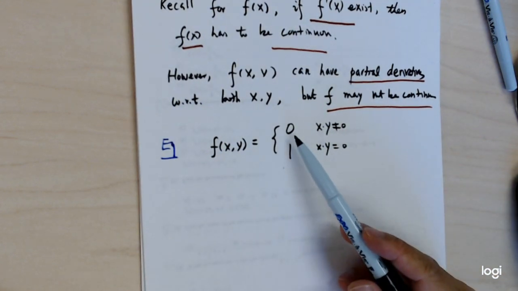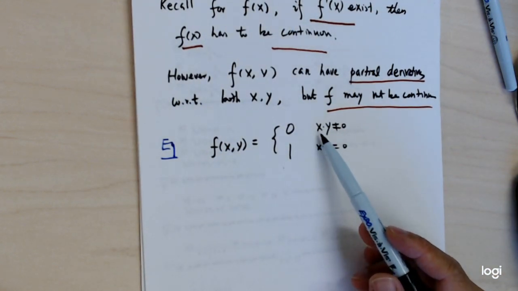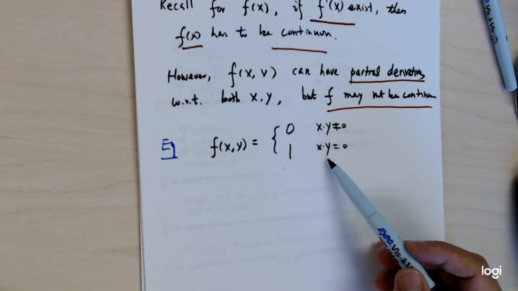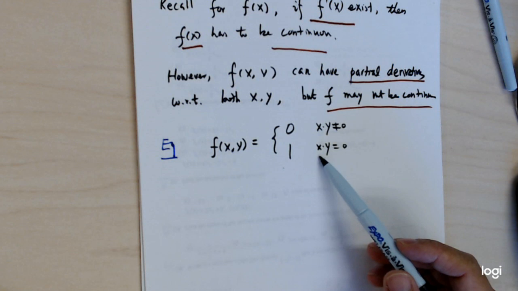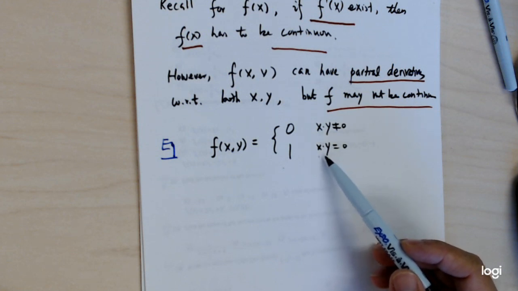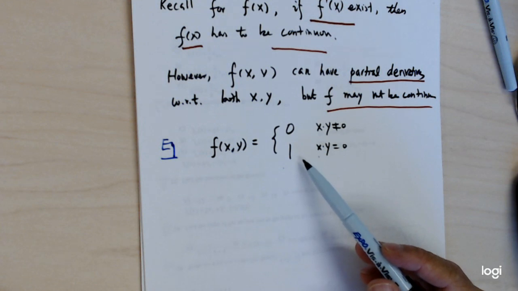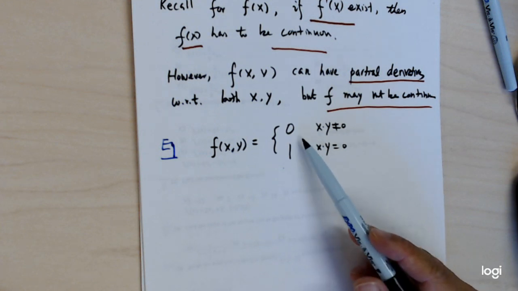This function is defined to be 0 when neither x nor y is 0. If one of them is 0, for example along the y-axis or along the x-axis, the function's value is 1. Everywhere else is 0.